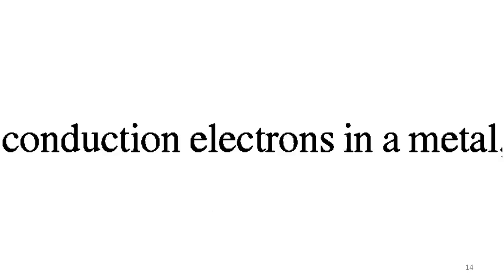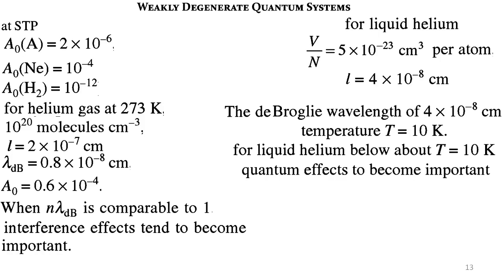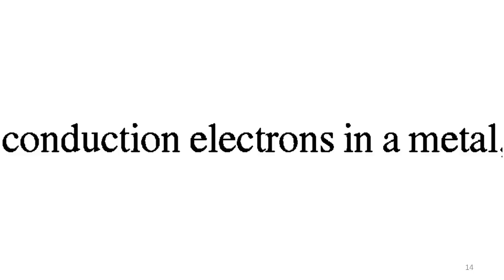So this completes our weakly degenerate quantum systems, or the conditions where we need to look for quantum effects. Now, in the next class, we will be talking about another example of quantum systems, which will be conduction electrons in metal.